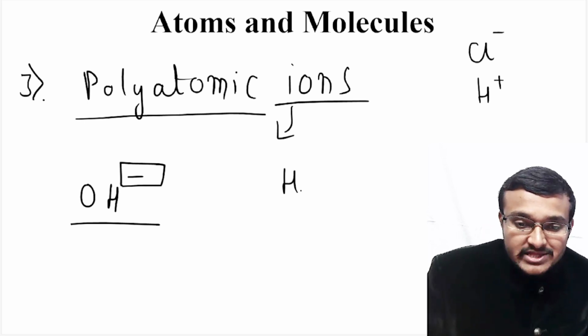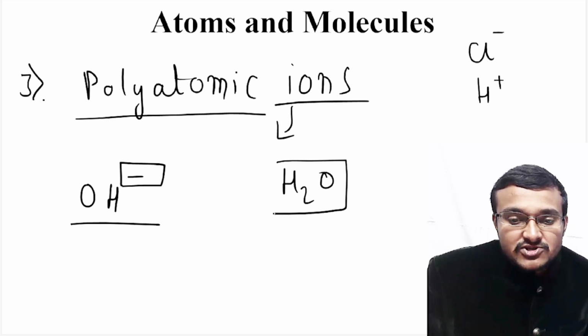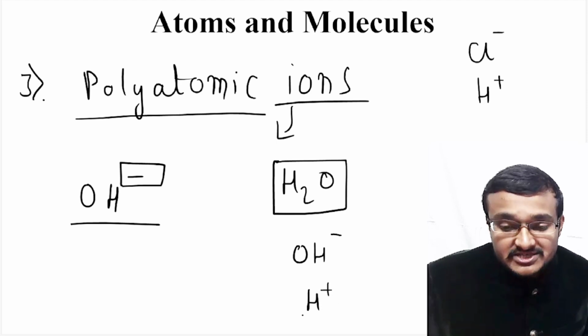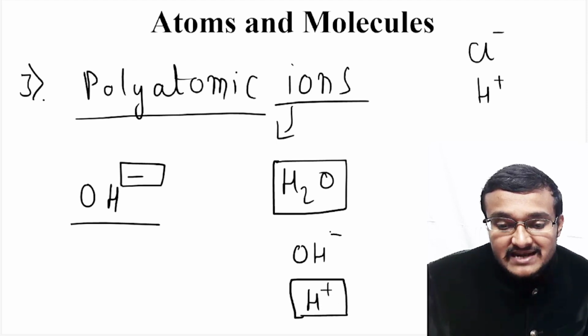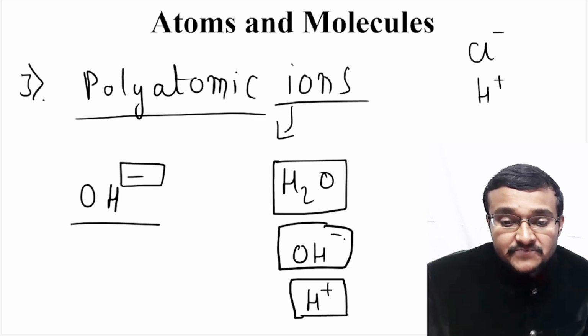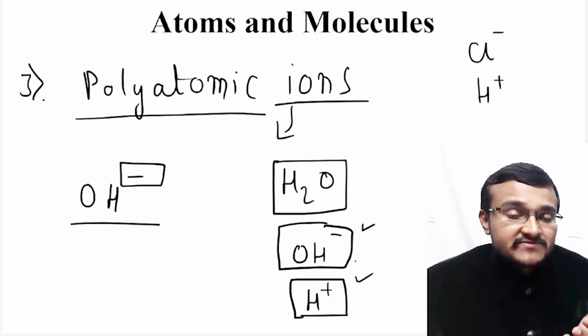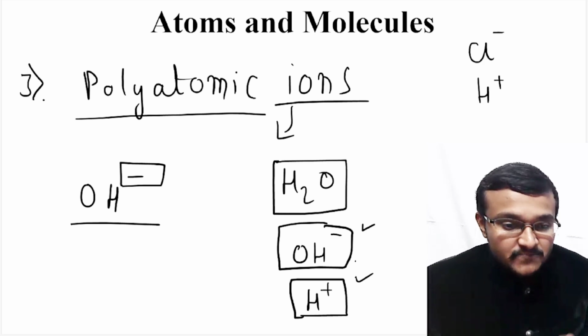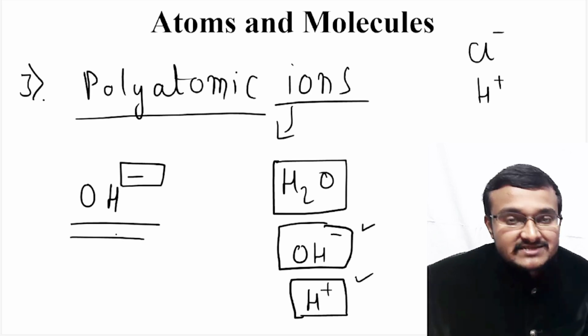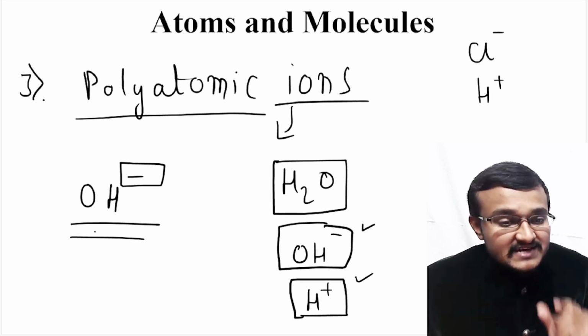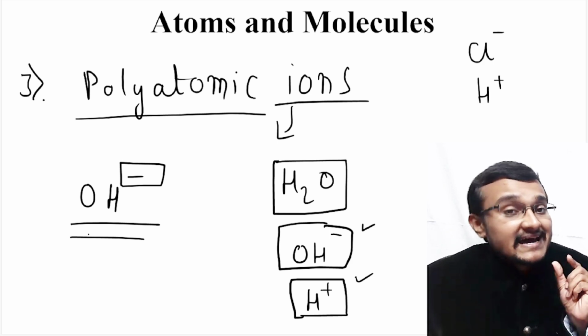If you take H2O, that is water, the net charge is 0 because OH minus has a negative charge and H plus has a positive charge. They combine so that the negative and positive charges are satisfied and the net charge of the molecule is 0. But if you consider OH minus alone, it has a negative charge. Hence OH minus is known as an ion.